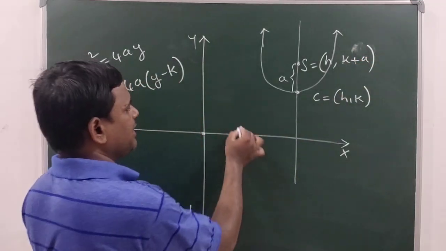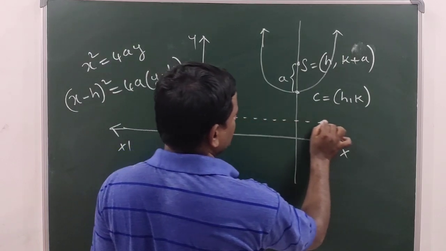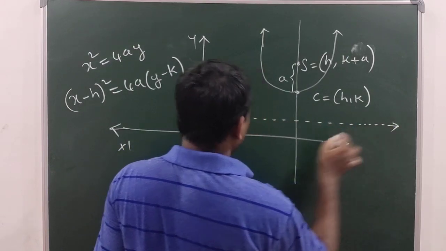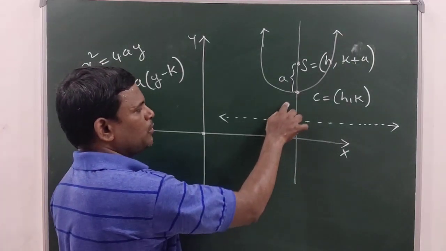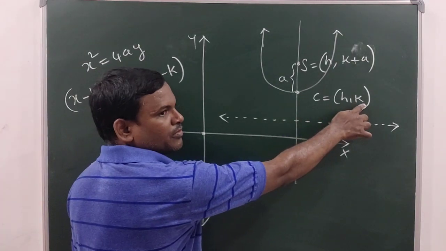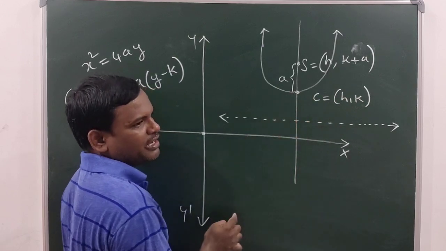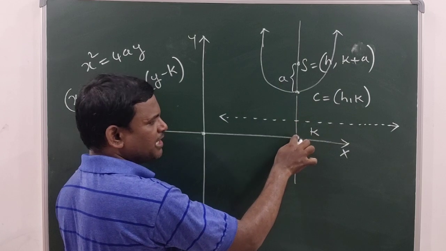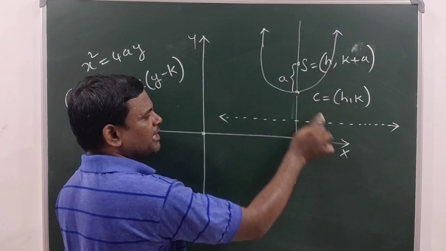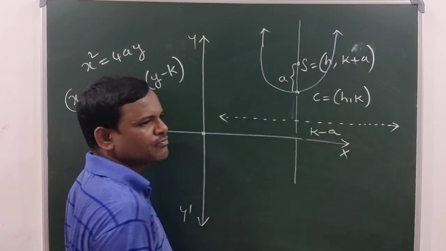Now come to the directrix. Tell me the equation of this directrix. From here to here this length is k, and from here to here a. Now I want this length. This length will be how much? From this entire k, subtract this a: k minus a.